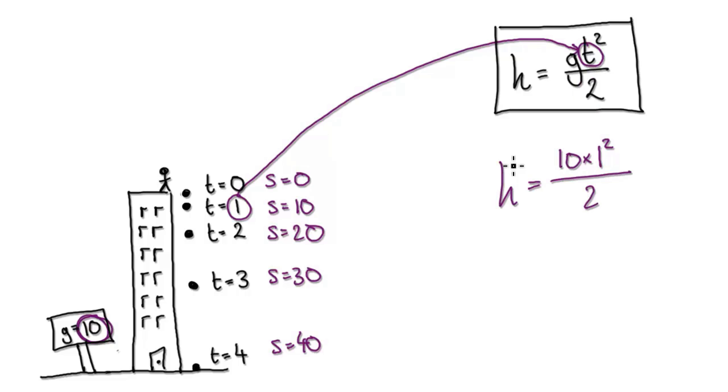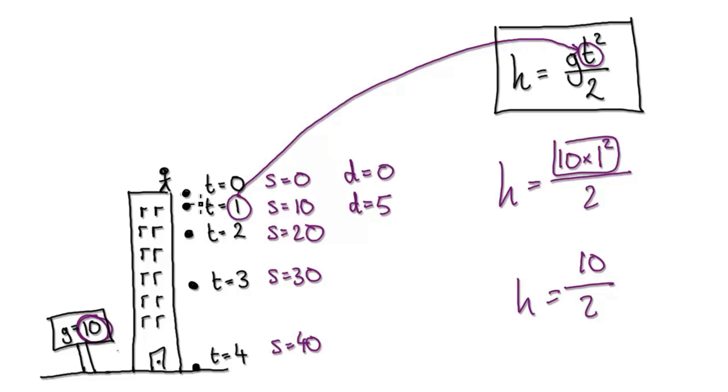This h here represents the distance traveled. So 1 squared would be 1, times 10 would be 10, and then over 2. So the distance traveled after 1 second is 5. The distance traveled when time equals 0 would be 0. There is no distance traveled when the cannonball is here. 1 second later, it would have traveled 5 meters.